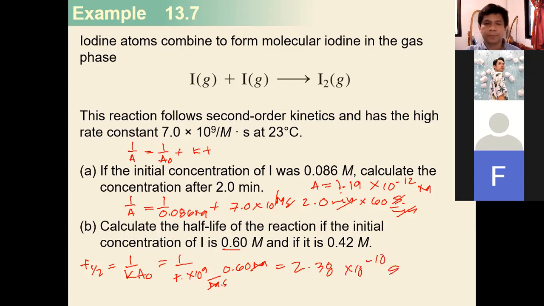Seconds. Ganun kabilis lang, kasi hindi stable yung I. Hindi siya stable. So, it always combines with another I to form your iodine gas. Basta matandaan nyo lang naman yung equation, madali lang.